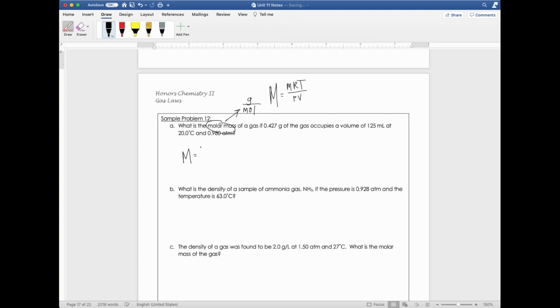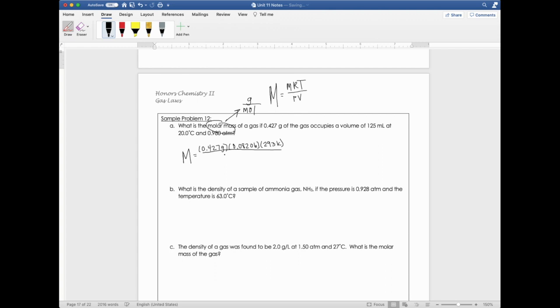The sample contains 0.427 grams of this gas, times R, which we know is always 0.08206, times the temperature. So we are at 20 degrees Celsius here, so we are at 293 Kelvin.